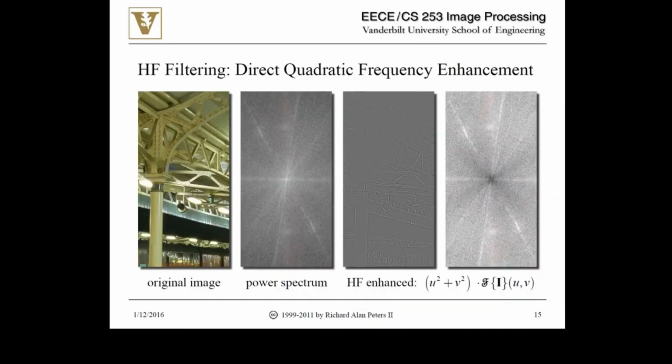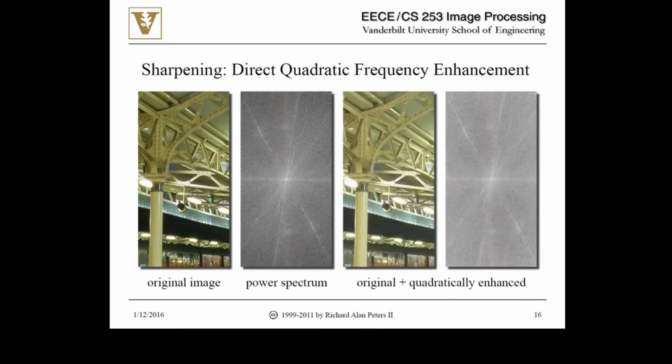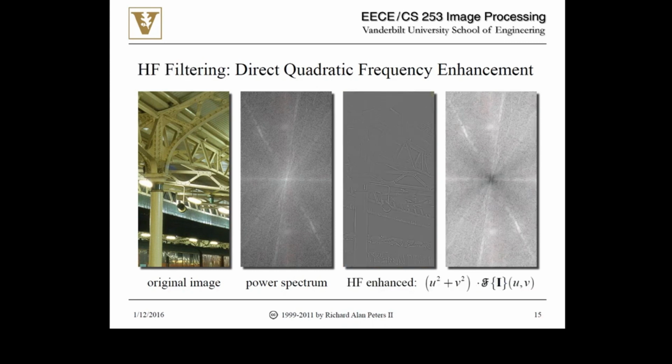And this is what we see here. So only very strong edges have a high value in this image. And you can add it to the original one, and this one we will call quadratically enhanced, and the quadratic comes from here.